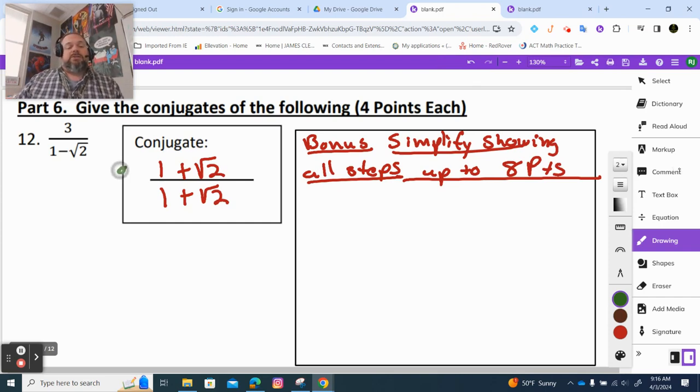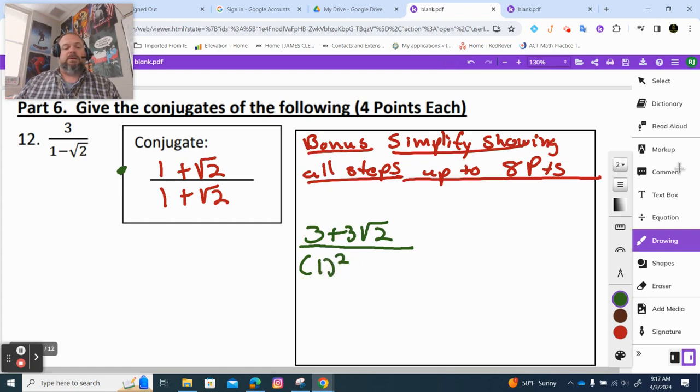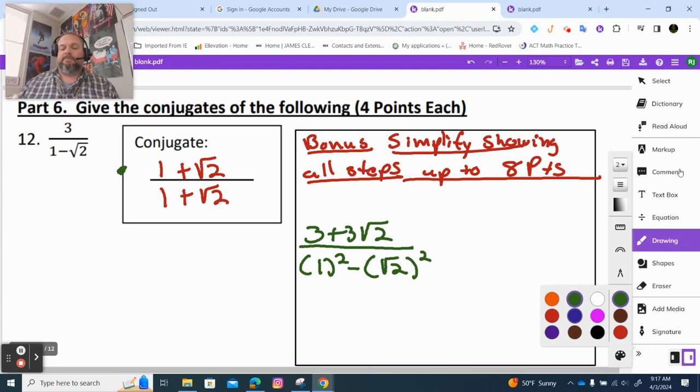All right, so you're going to actually multiply this. So on the top, we get 3 plus 3 root 2. We have 1 squared minus root 2 squared.